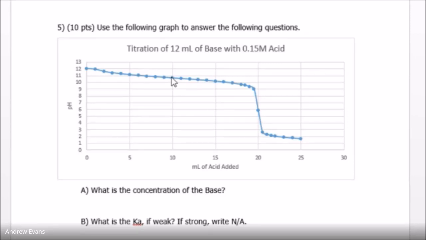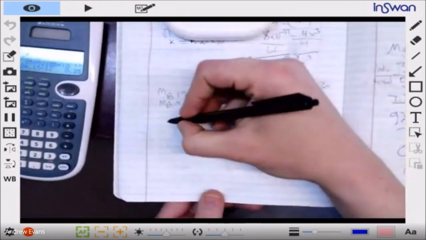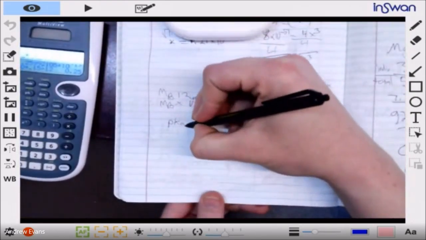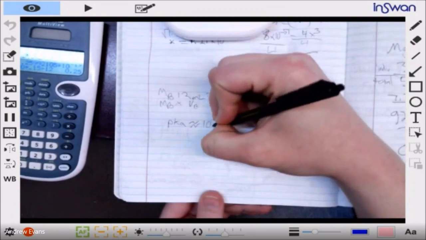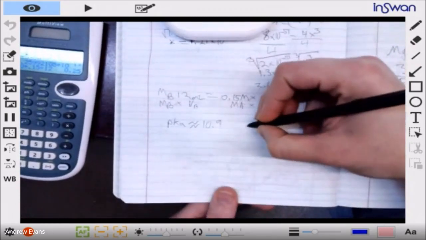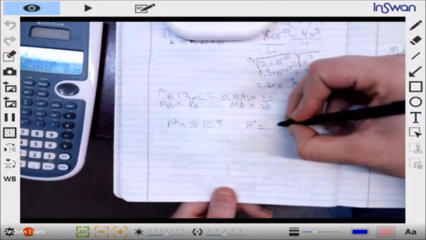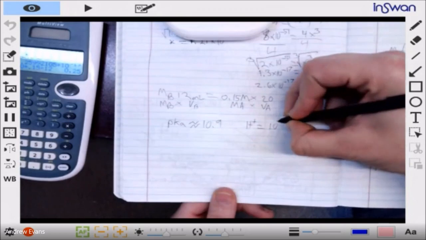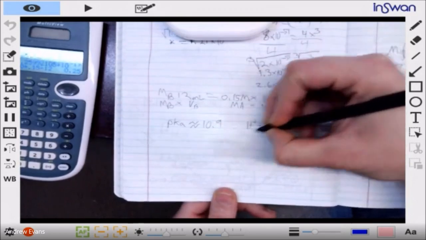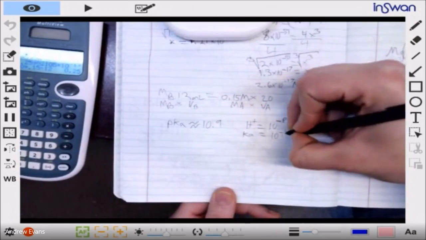So what do we have to do? I'm going to go ahead and switch to the doc cam for this last one. Because I asked for the Ka, not the pKa. pKa, we'll say approximately 10.9. So how do we get the Ka? The same way H plus is equal to 10 to the negative pH, Ka is equal to 10 to the negative pKa.